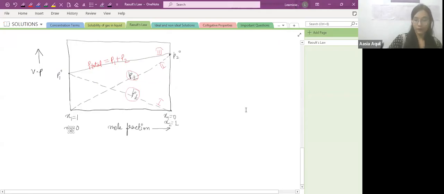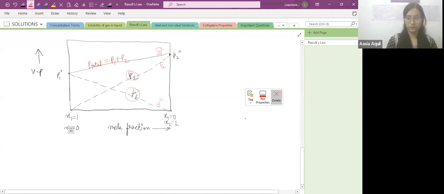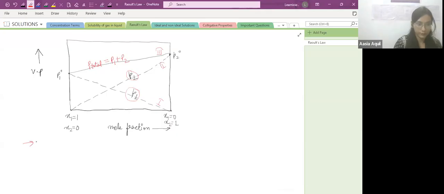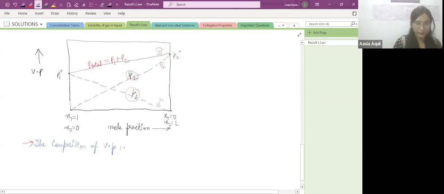Next, see here, the composition of vapor in equilibrium with the solution is determined by the partial pressure of the components.